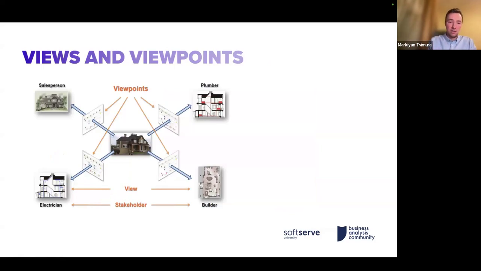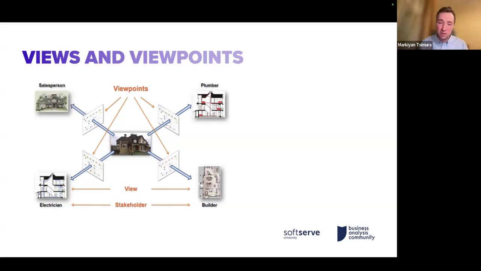You have a salesperson, and the salesperson looks at it from the perspective of how it looks, how it feels, how to sell it, some fancy selling points, some fancy photos that you can show to your customers. Basically the view of the salesperson is the photo. But the plumber has different interests. They are not interested in just the photo of the building. They're interested in a particular blueprint with pipes, and that is their viewpoint.